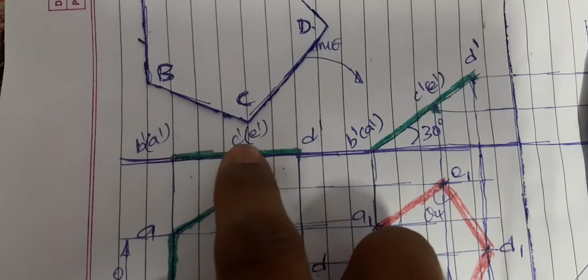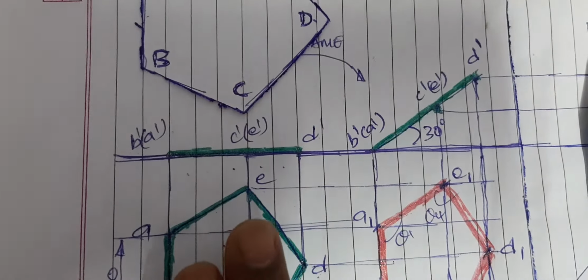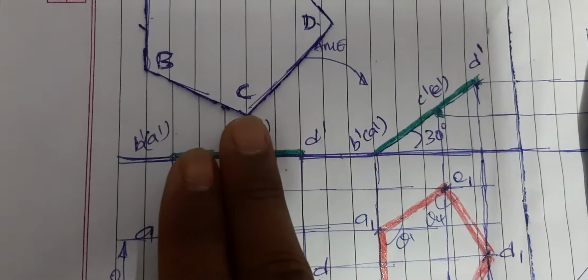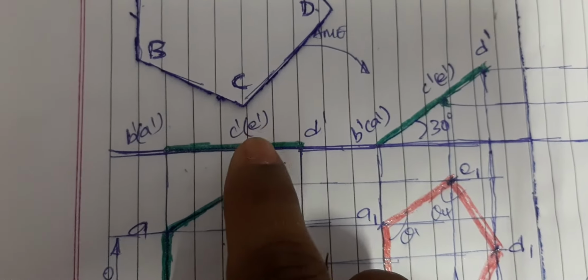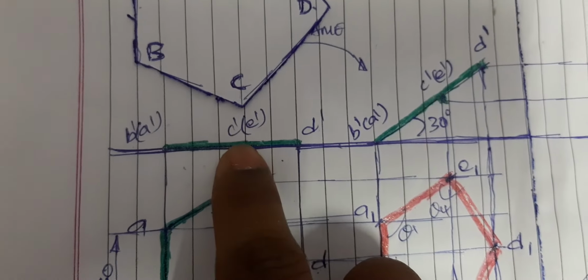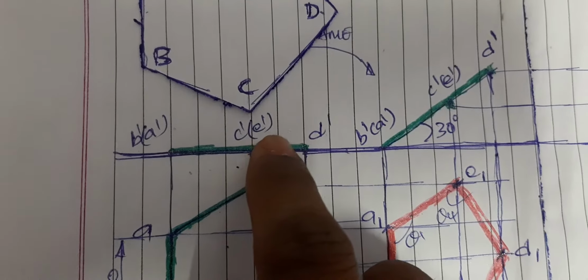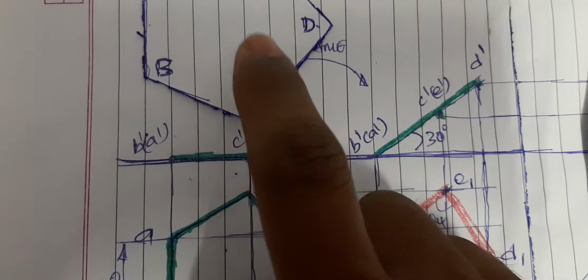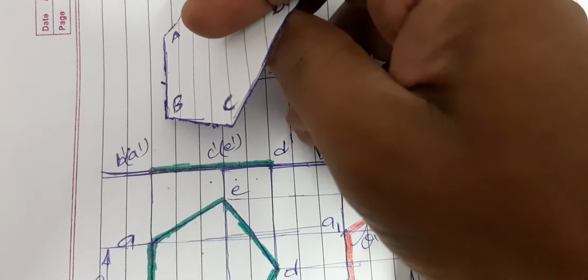This is the front view, right? When the plane is placed like this and we observe the plane from this side, we are going to get one view that is called the front view. This is that front view, right? Now I'm saying that the view as observed from the front side when the plane is placed like this is also equal to the view as observed from the front side when the plane is placed like this.